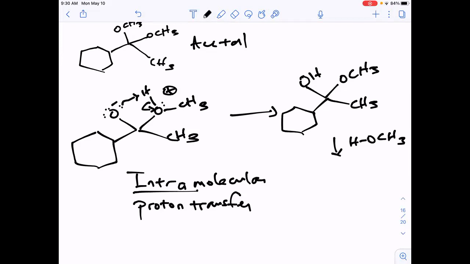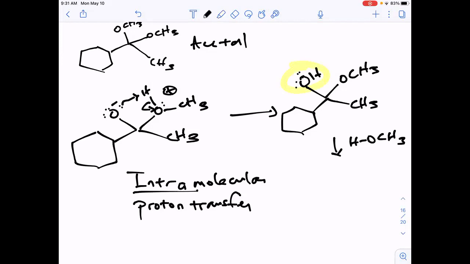But this time the carbonyl carbon is not electrophilic because it has a full octet. It has some dipoles to the oxygens, but it can't accept a nucleophile outright, even though we can eventually replace the OH group, and we will. It's not direct, right? So now I need to do what?